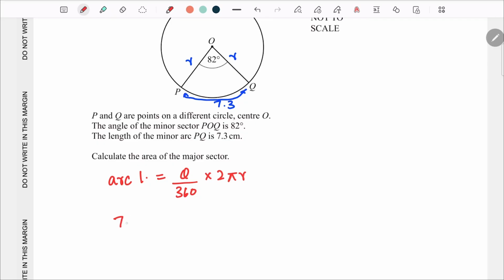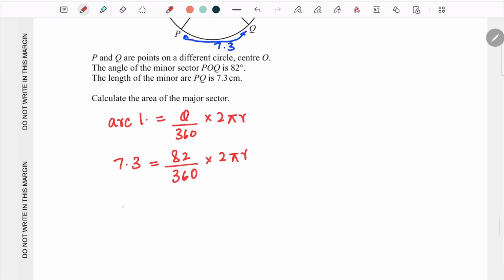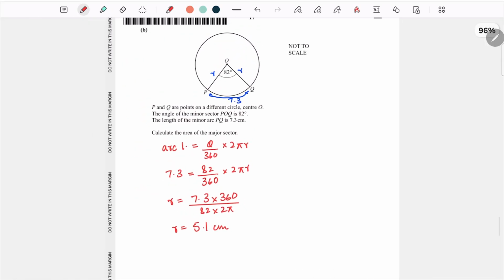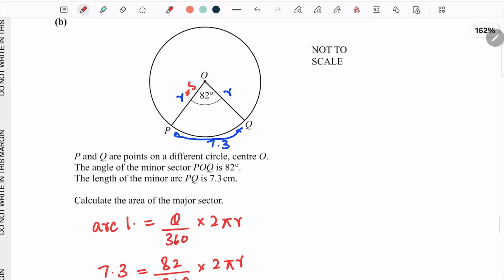So I'm going to use 7.3 is equal to 82 divided by 360 multiplied by 2 pi r. So the radius will be equal to 7.3 into 360 divided by 82 multiplied by 2 pi. So the radius will be 5.1 centimeters. Now the radius is 5.1.